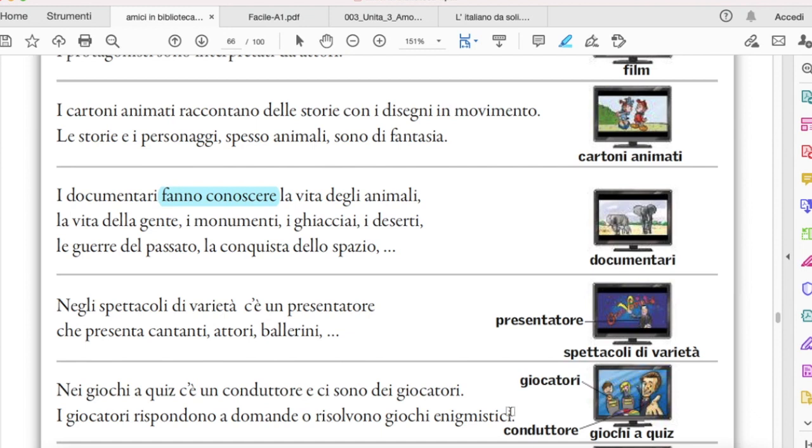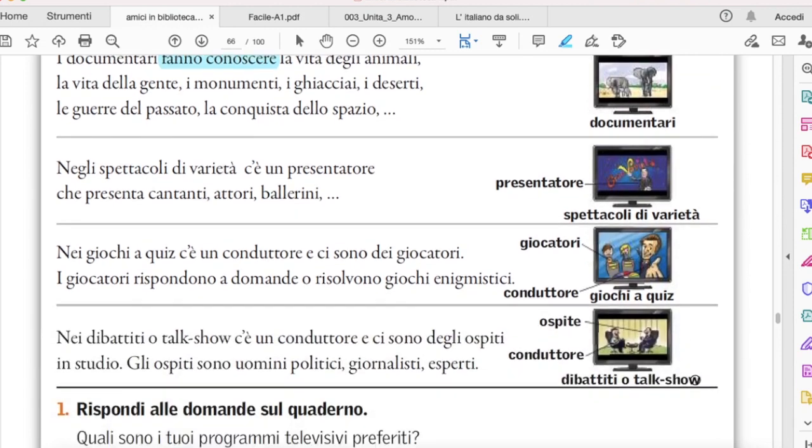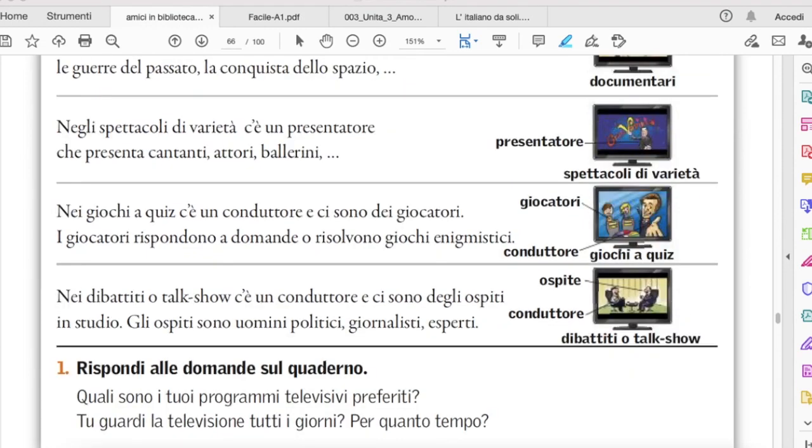I giocatori rispondono a domande o risolvono giochi enigmistici. So they either answer questions or solve giochi enigmistici, which is usually enigmistica or any puzzle, crosswords, and stuff like that, in other words.